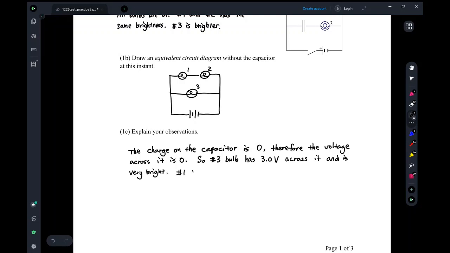Number 1 and number 2 are in series, sharing the voltage of the battery.